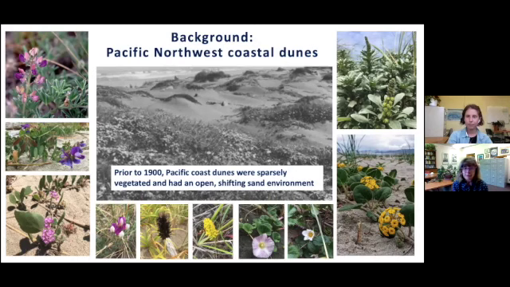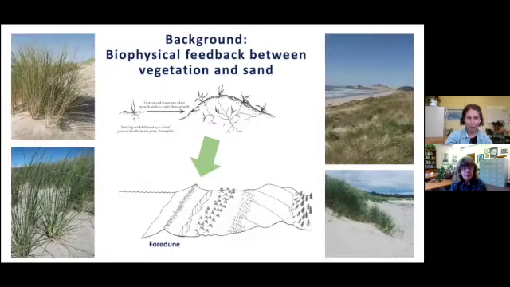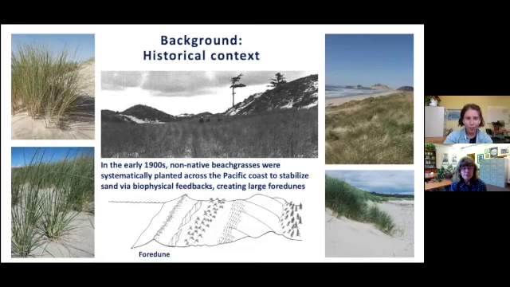In the early 1900s, two species of non-native beachgrasses were systematically planted along the entire Pacific coast.